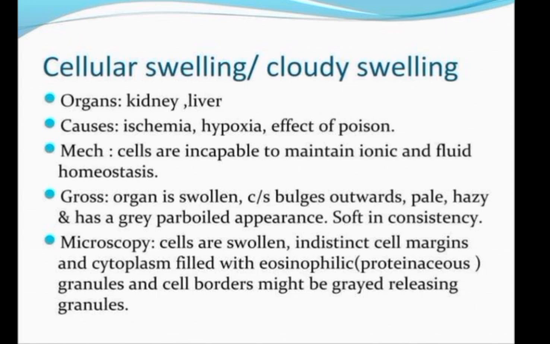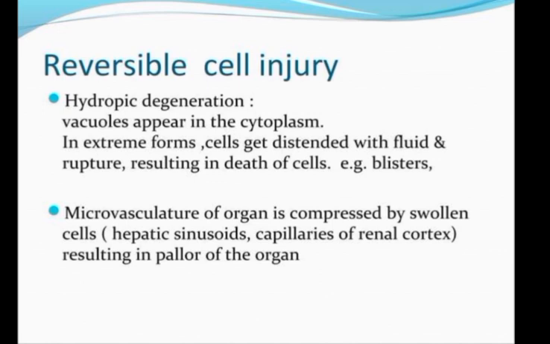Mechanism: cells are incapable of maintaining their ionic and fluid homeostasis due to reduced blood supply. As a result, the organ will swell and bulge. In microscopy we can identify that the organ is swollen due to the decreased oxygen and blood supply.